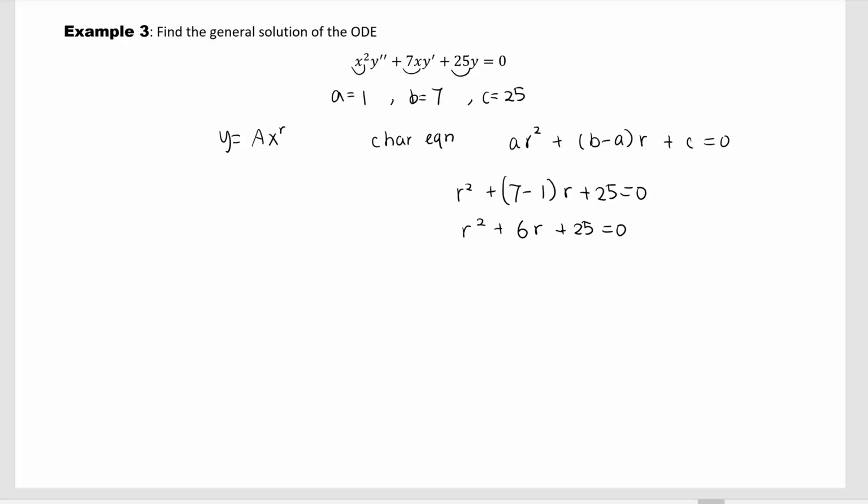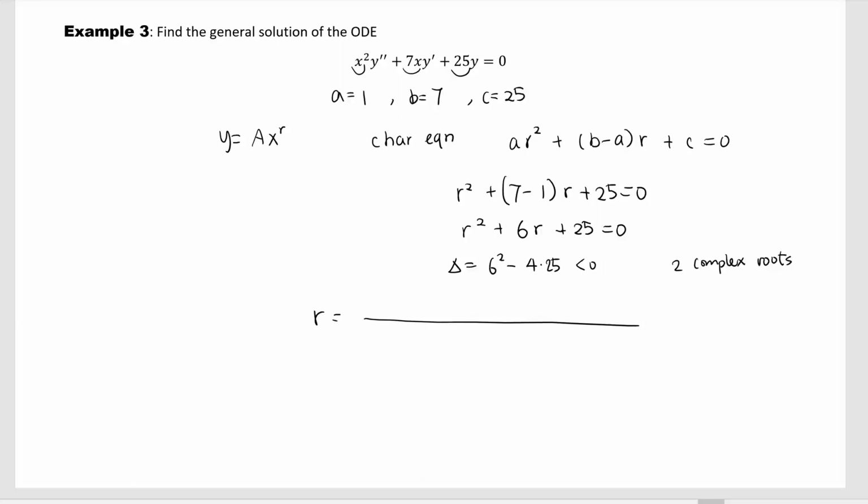Let's check the discriminant, b squared minus 4ac. Oops, of course, negative. So we know we have to use the quadratic formula. It's going to be two complex roots, and complex roots always show up as complex conjugates. So what's the quadratic formula?